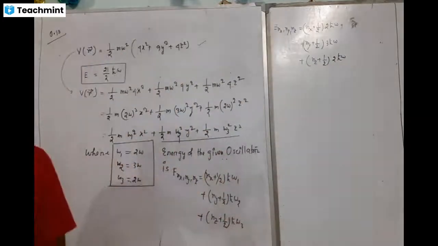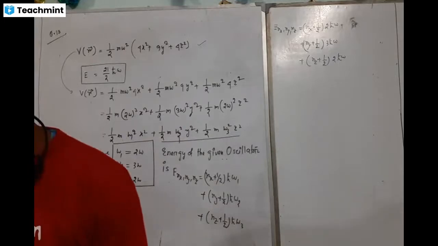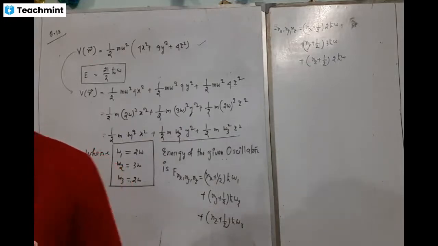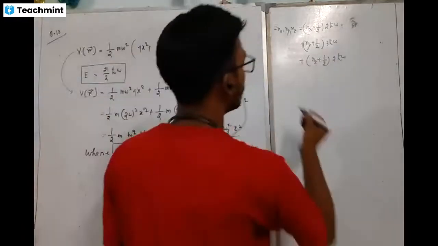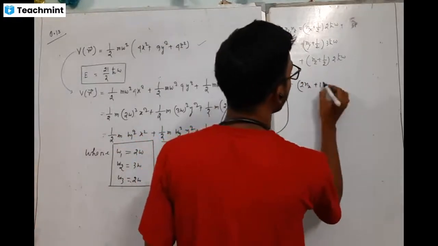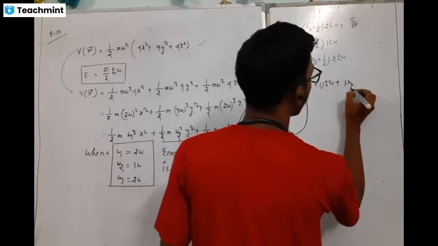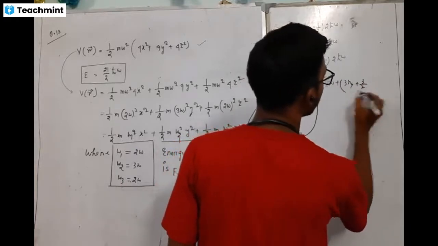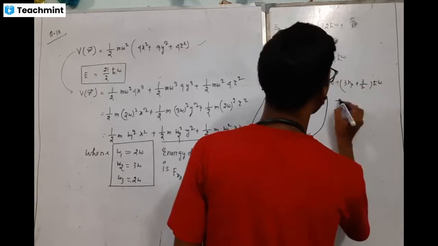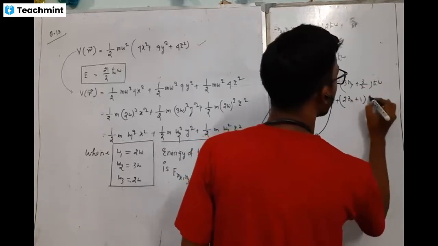Please note down, 2 h cut omega. Now multiply with 2. The first term is equal to 2 nx plus 1 h cut omega, plus 3 ny plus 3 by 2 h cut omega, plus 2 nz plus 1 h cut omega.